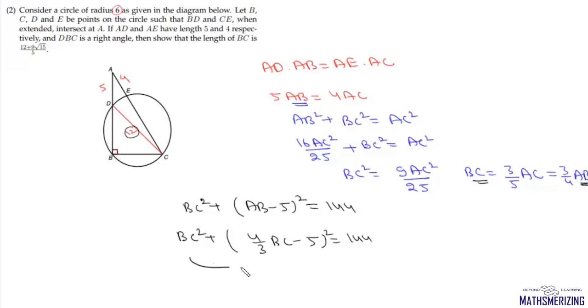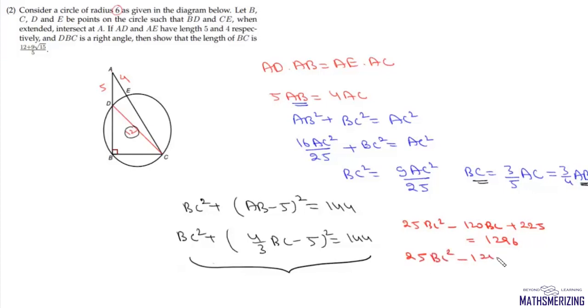Now this is nothing but a quadratic equation in BC. We can write this quadratic equation as 25 BC square minus 120 BC plus 225, and it is equal to 1296, which is 25 BC square minus 120 BC minus 1071 equals 0.